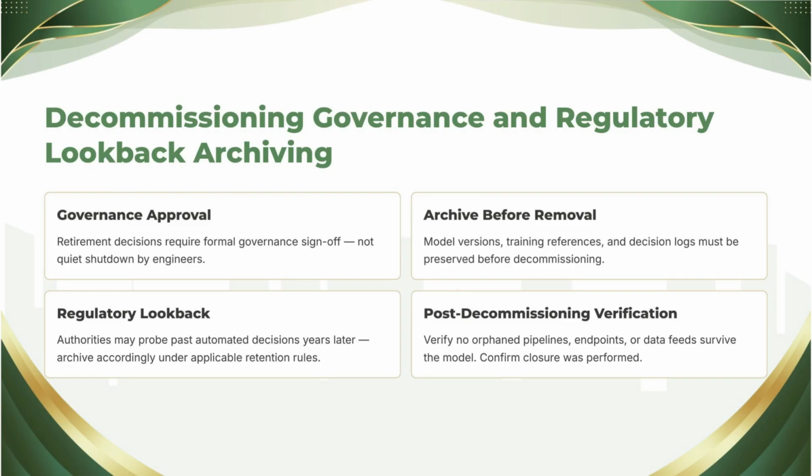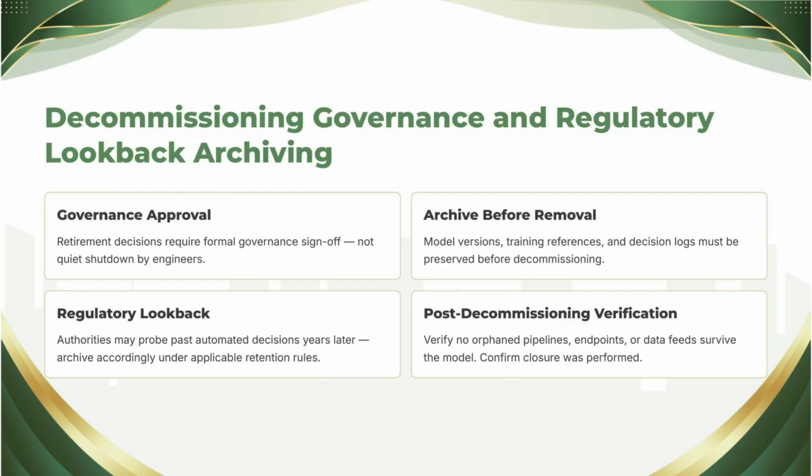First, decommissioning governance. Retirement should be a governed change, not a quiet unplugging. That means a decommissioning request through the change process, remember Chapter 6's machinery, an impact assessment covering downstream dependencies, our dependency chains from Chapter 2.